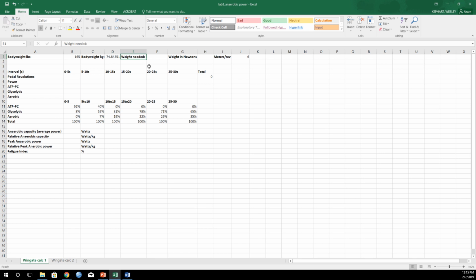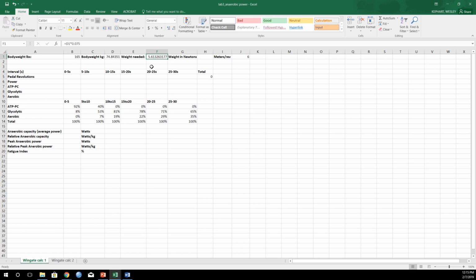Now I said that we're going to have 7.5% of an individual's body weight on the bikes. So let's do that. Equals this in kilograms multiplied by 0.075. That's 7.5% right there. So if an individual weighs 165 pounds, they're about 75 kilograms, they will need about 5.6 kilograms on one of our bikes.